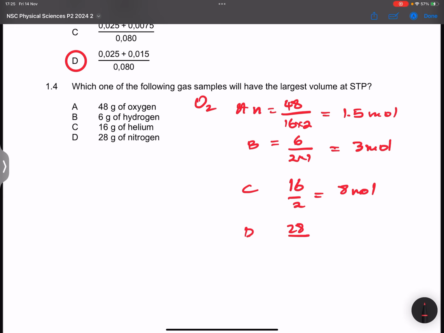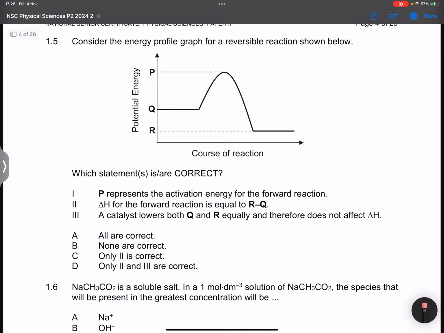And remember, nitrogen is 14, but you've got 14 multiplied by 2. And so that will give you only 1 mole. And so the correct answer will be C, because that has the highest number of moles under the same conditions, that is at STP. Right, and so we go to the next one.